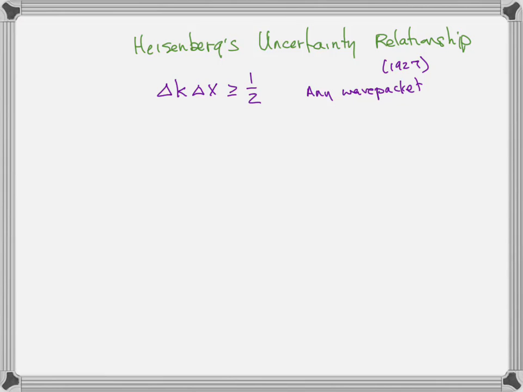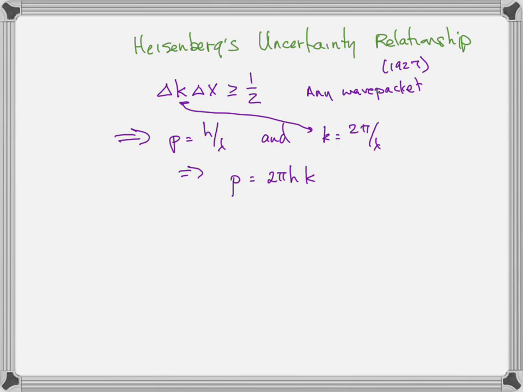Let's go ahead and write that in terms of momentum. Because the de Broglie wavelength is essential here, p is h over lambda, and k is 2 pi over lambda. Then we should be able to write that the momentum is h over 2 pi times k. And h over 2 pi, remember, is h bar. That's why h bar is defined, because h over 2 pi comes up so often.